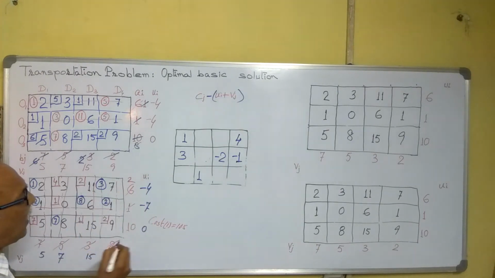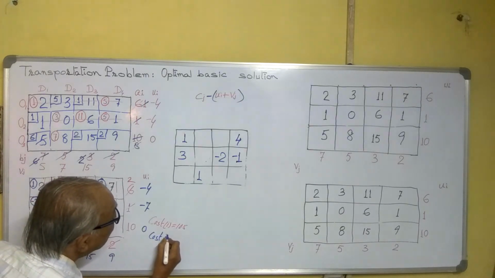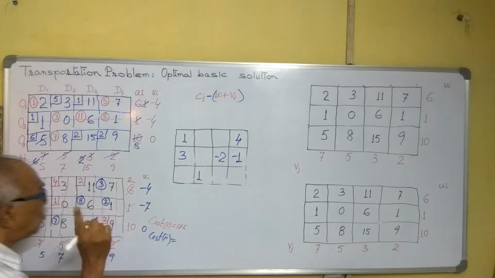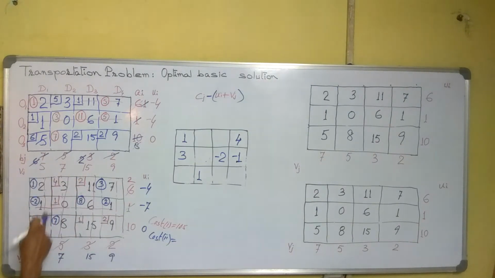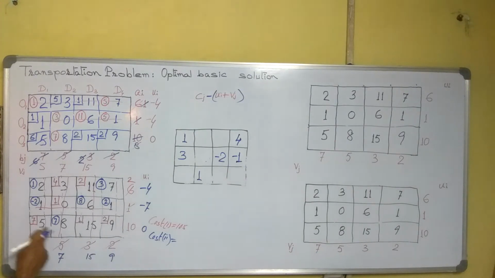But again I will suggest you to calculate cost. Again I am repeating, it is not required, but better do it. Calculation is 4 into 3, 12, plus 2 into 11, 22, and 12, 34. Then 1 into 0 not required, 34 plus 35, it is 69. 69 plus 15 is 84. 84 plus 18 is 102.